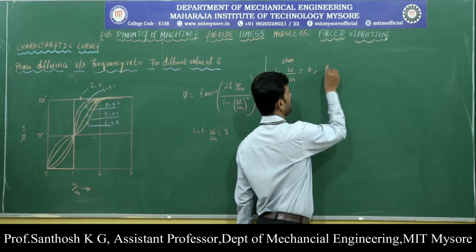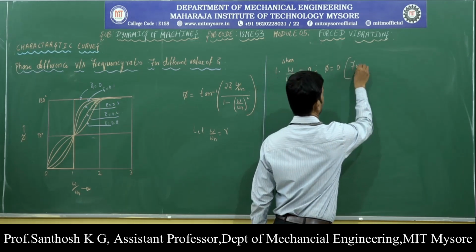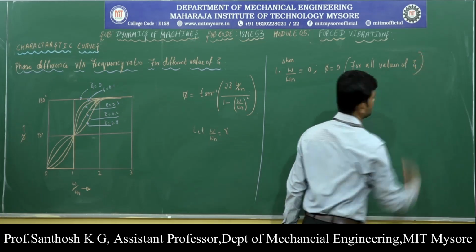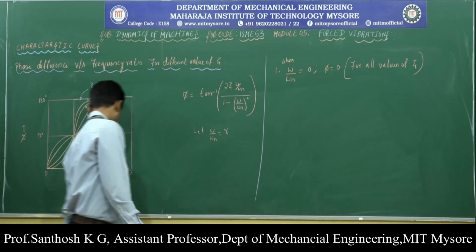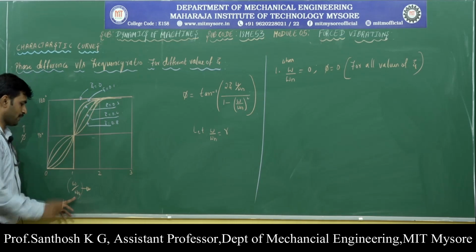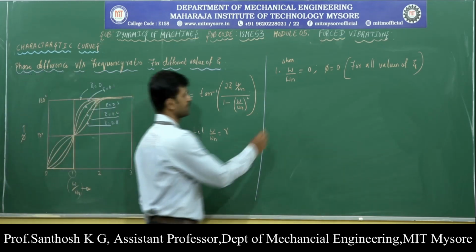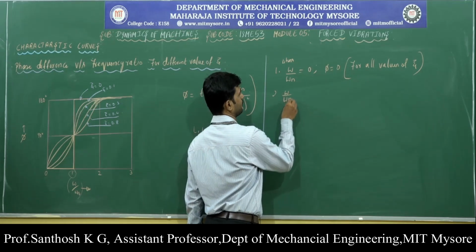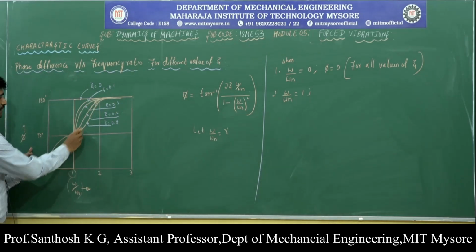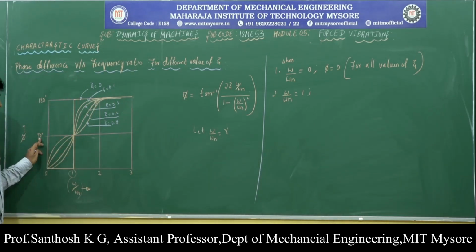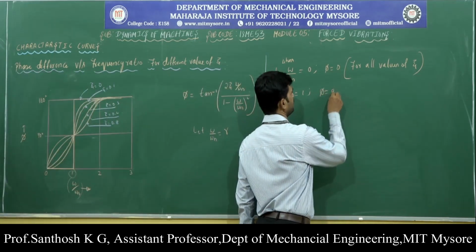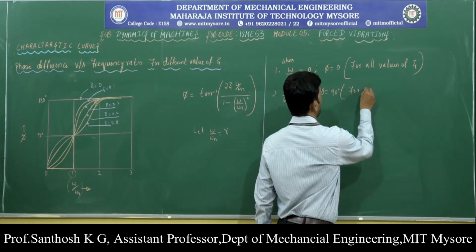The value of phi will be 0 for all values of the damping ratio zeta. The second conclusion is when omega by omega n happens to be 1. Then all the curves have a phase angle of 90 degrees. The value of phi will be 90 degrees for all values of zeta.